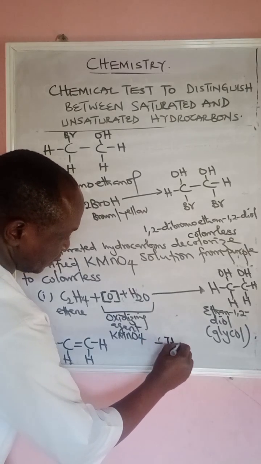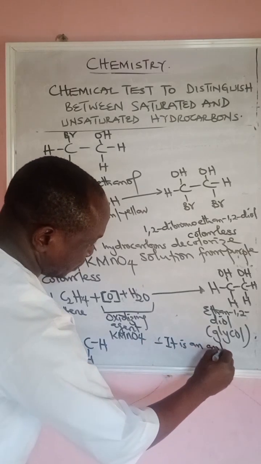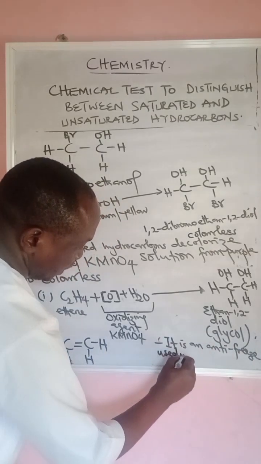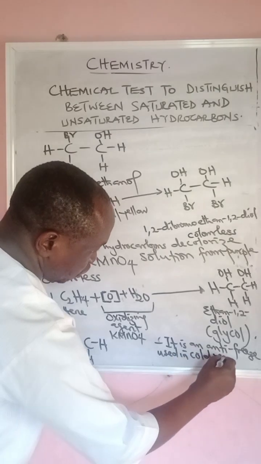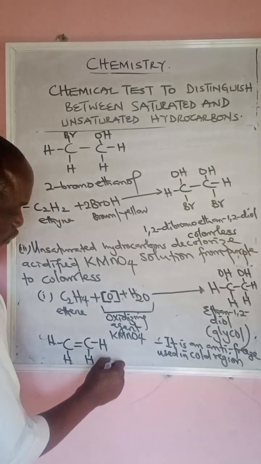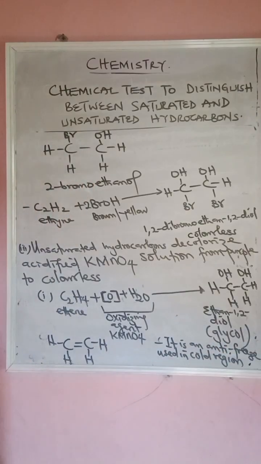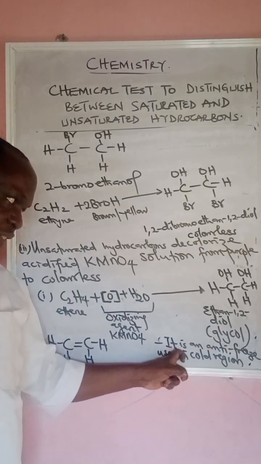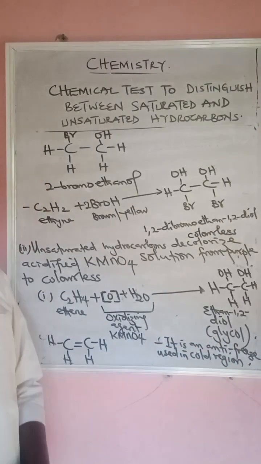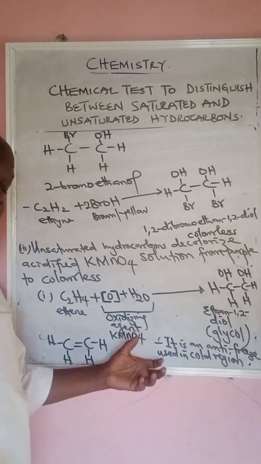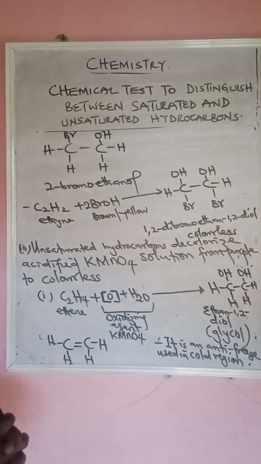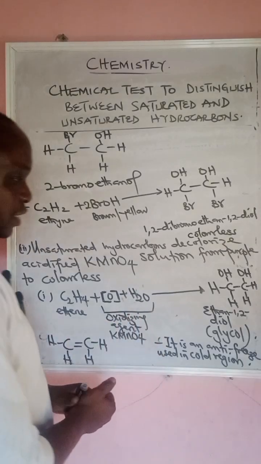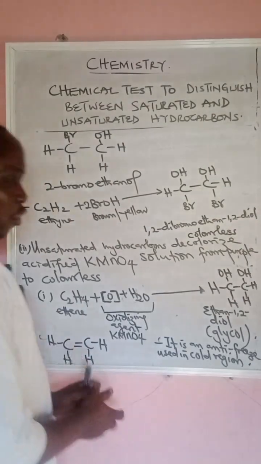It is an antifreeze used in cold regions to prevent knocking of engines. We have mentioned it. You see it in your past questions. So glycol or ethan-1,2-diol is an antifreeze used in cold regions. It's a petrol additive added to petrol to prevent knocking of the engine, so that it will not freeze and the engine will not lock. That is exactly what we call glycol.